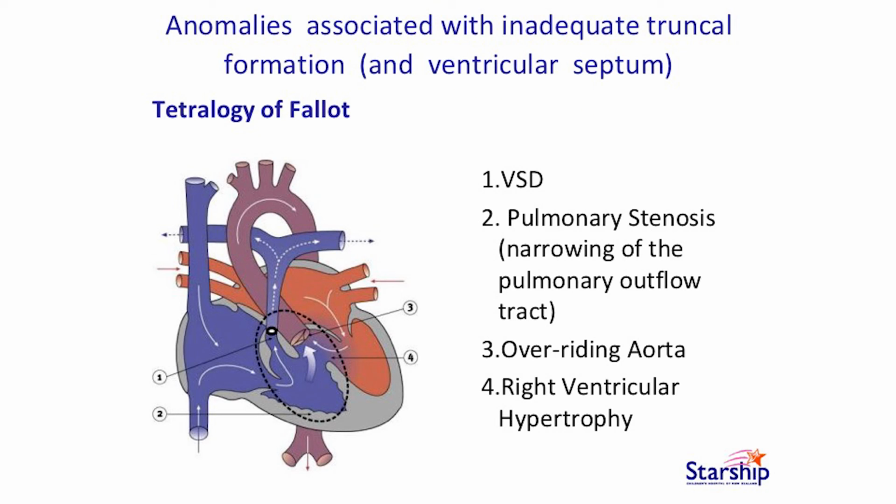So just a quick little look at tetralogy. Tetralogy is where you have a narrowing going out to the pulmonary artery. It can be below at the valve or above the valve, and you have a VSD, as well as an aorta that's kind of shifted to the right, so it's a bit overriding, and over time you get ventricular hypertrophy.